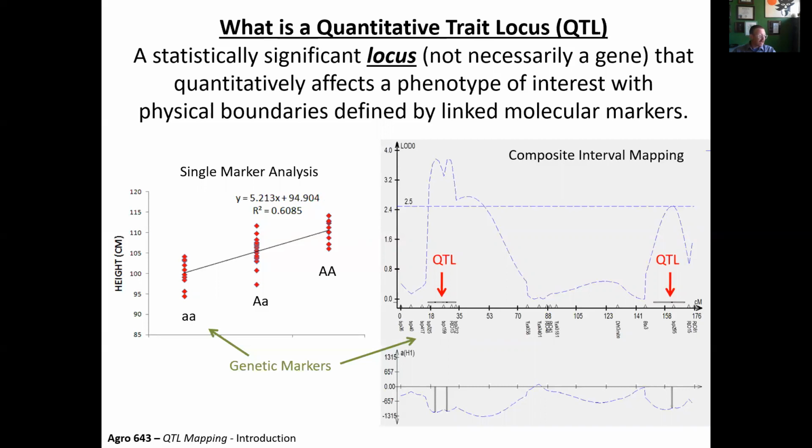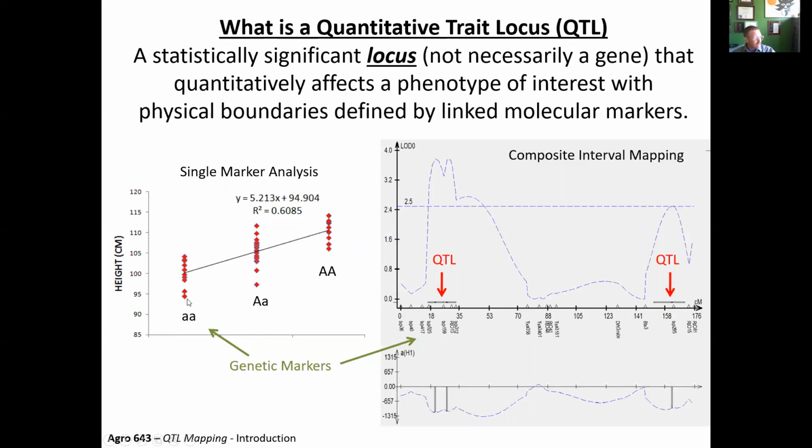In this case, I think I simulated an effect size for the big A marker of 5 centimeters. So the base height of these individuals, although they're randomly generated from a normal distribution, is around 95 centimeters. It should be 100.